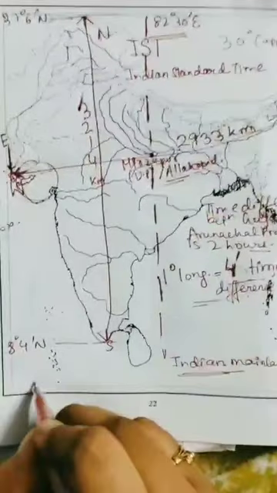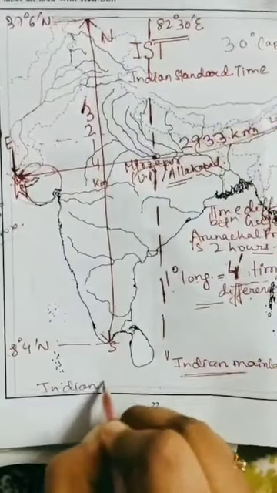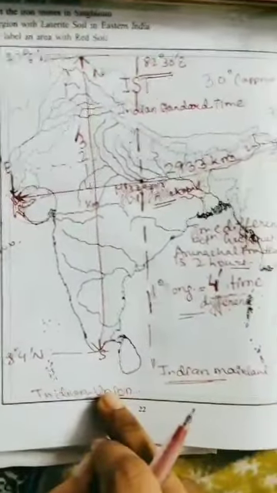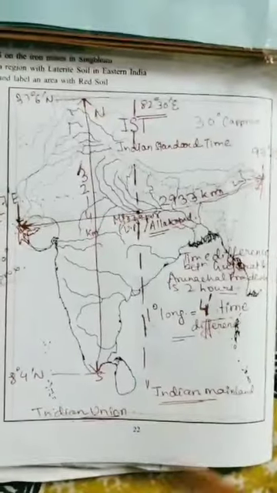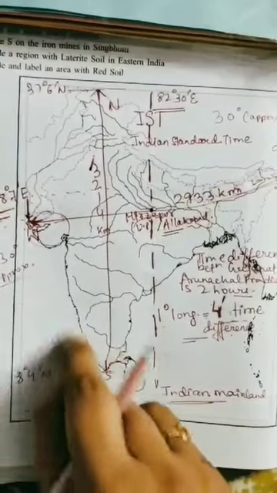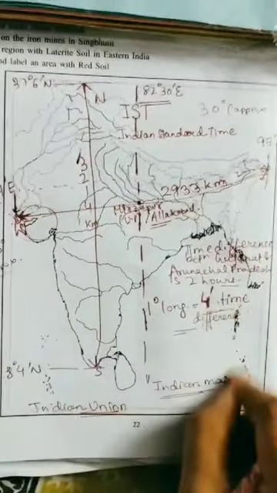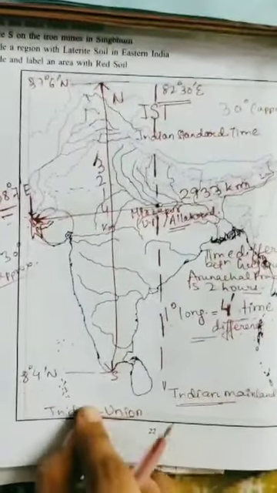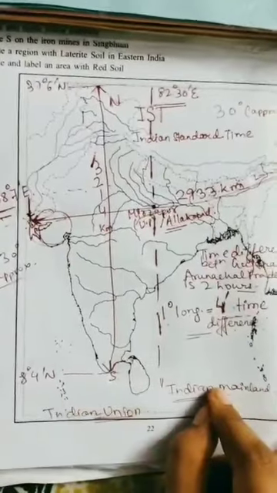But if the question is Indian Union, it means unitedly every other thing. What is coming in union? This island, Lakshadweep, as well as Andaman and Nicobar. So together the mainland with the islands are known as Indian Union. Clear? So Indian Union and Indian mainland difference, you have got it?